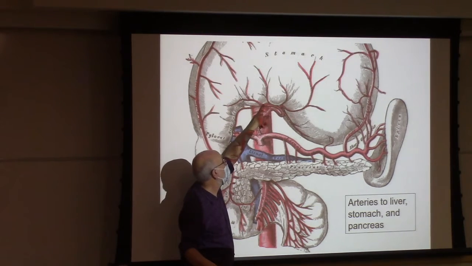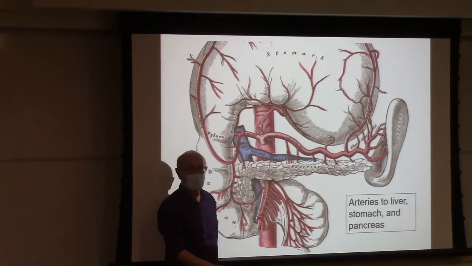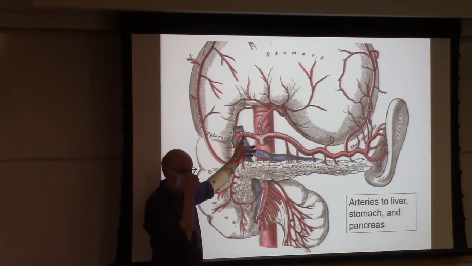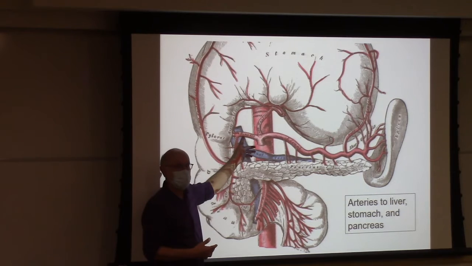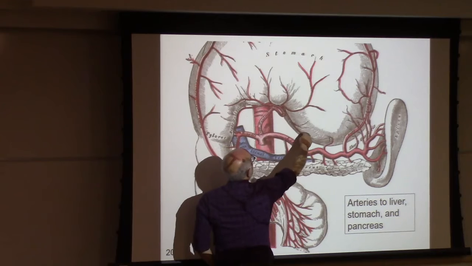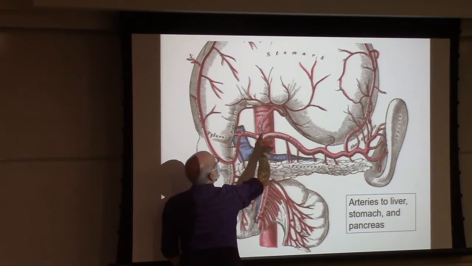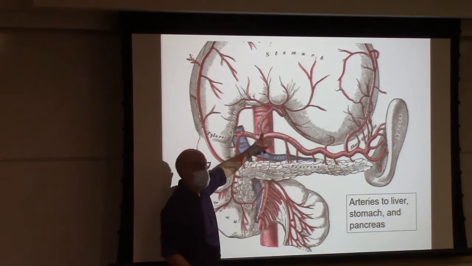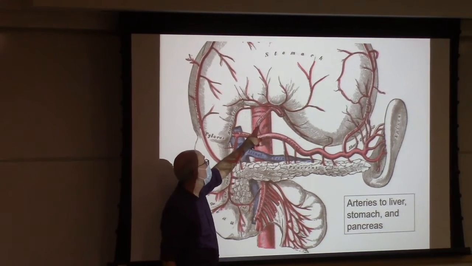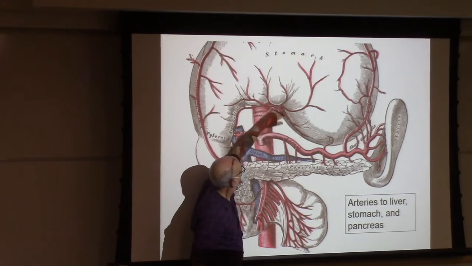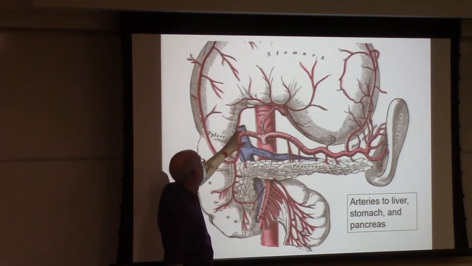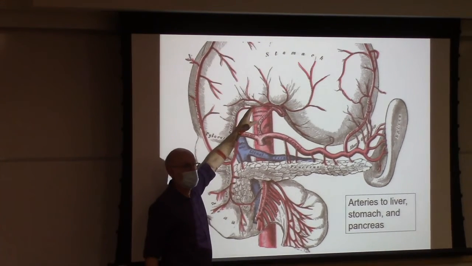It comes off of the common hepatic artery. To serve the left side of the lesser curvature, we have the left gastric artery, which comes directly off of the celiac trunk. Celiac trunk, left gastric artery serves the left side of the lesser curvature. The right gastric serves the right side of the lesser curvature.